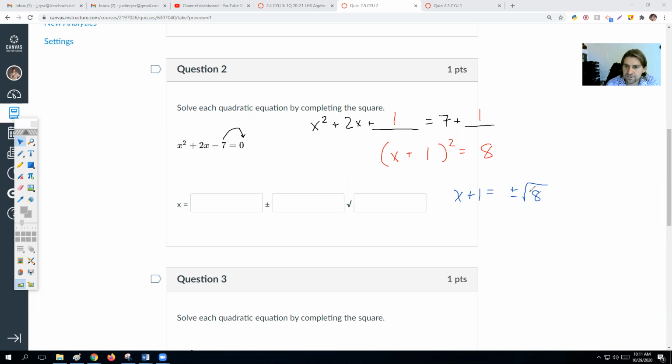Now 8 isn't negative, so we don't worry about i, but we can break 8 out of jail. 4 and 2 multiply to get 8, 2 and 2. So we can have a 2 break outside of the jail, and a 2 stays in. So this becomes plus or minus 2 radical 2. And all we need to do is put the 1 in front by subtracting it. So this should be -1 plus or minus 2 radical 2.